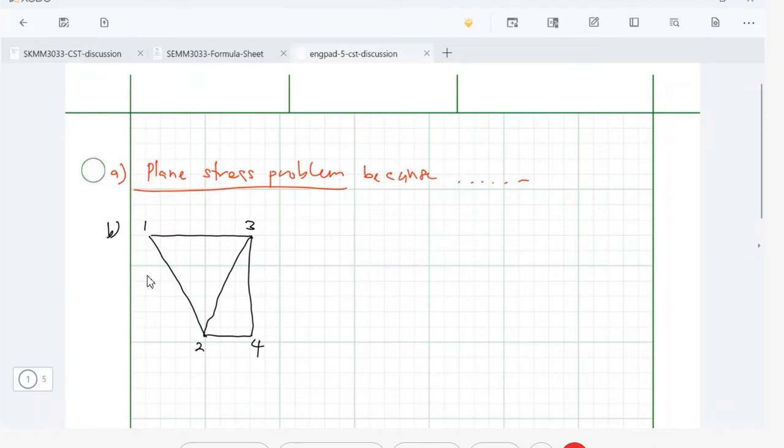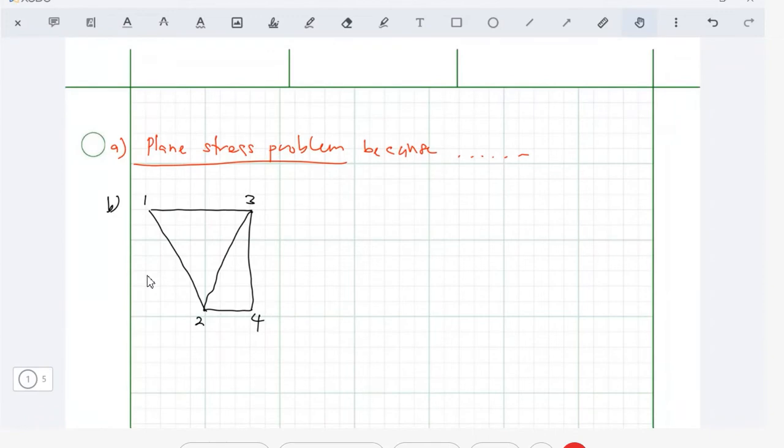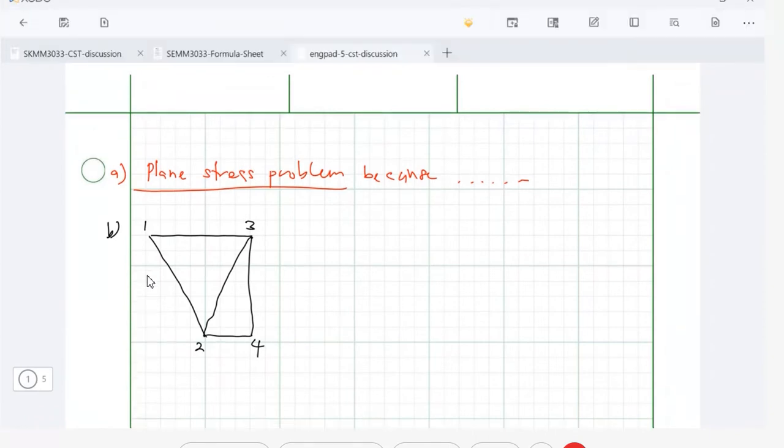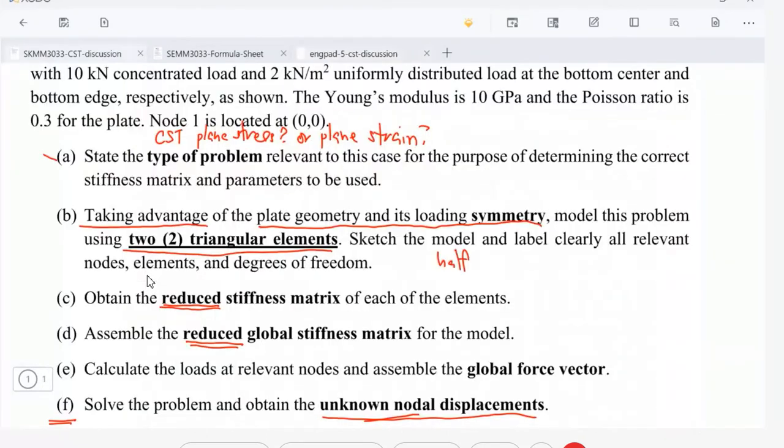It asks us to sketch the model and label clearly all relevant nodes, elements, and degrees of freedom.